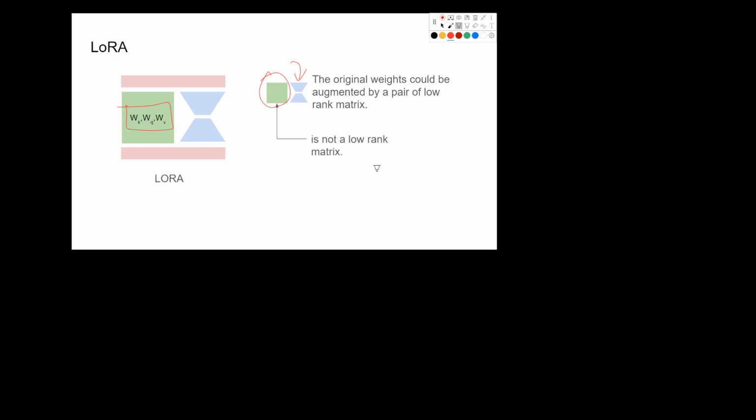But the problem is that the normal weight matrix will not always be a low-rank matrix, so we cannot use LoRA for pre-training. We can use LoRA to do fine-tuning, since we have pre-trained the model with full rank and use a low-rank matrix to fine-tune the model.